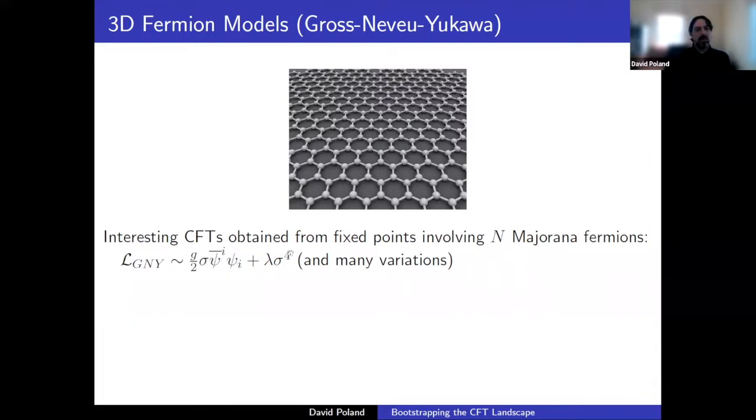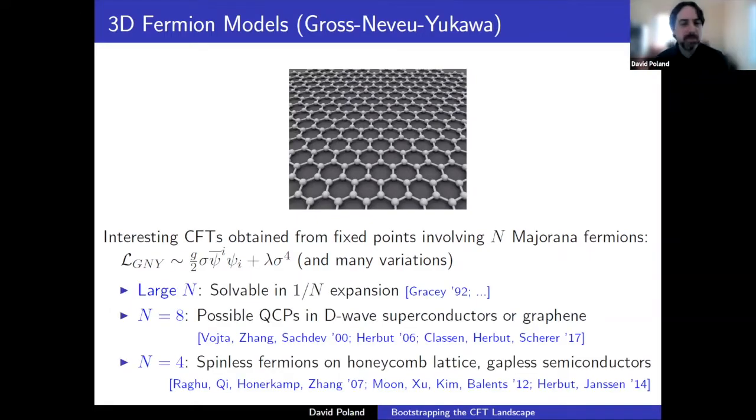In general, sigma could also have a quartic coupling. And at large n, you can establish that there's a fixed point perturbatively in the 1/n expansion.